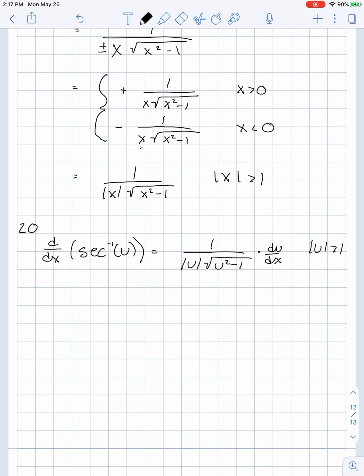And in this case, the absolute value of u is greater than 1. So if we remember from earlier, arc cosine of x is just pi over 2 minus arc sine of x.